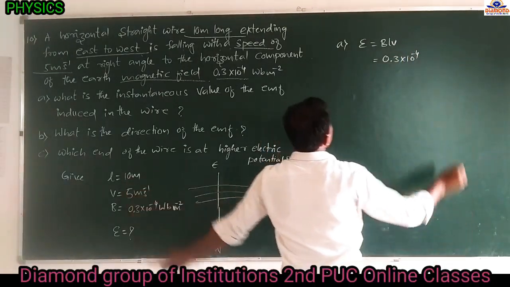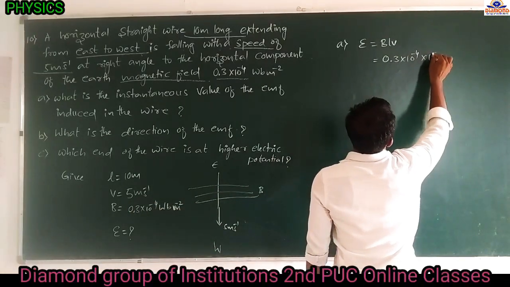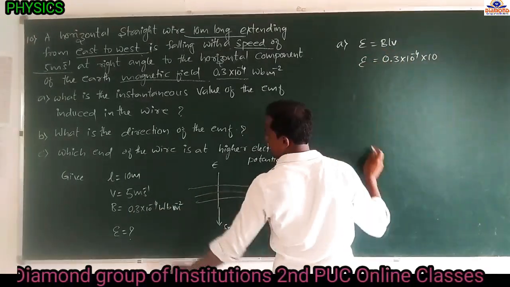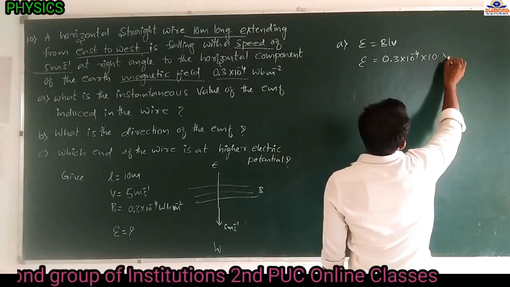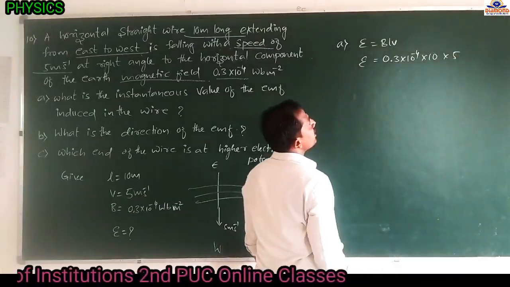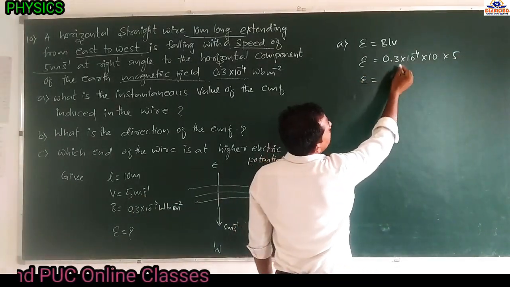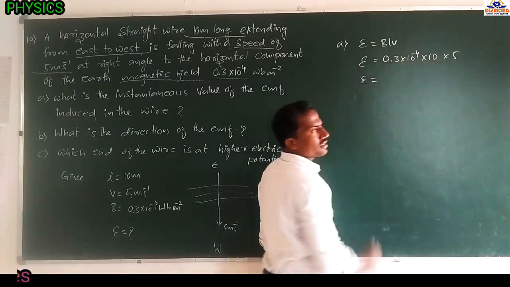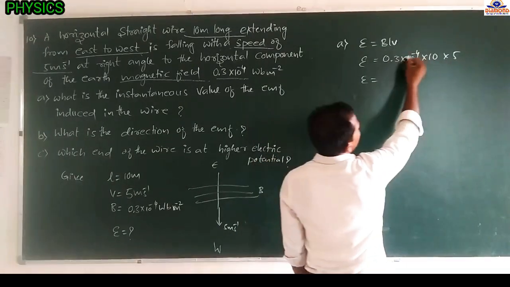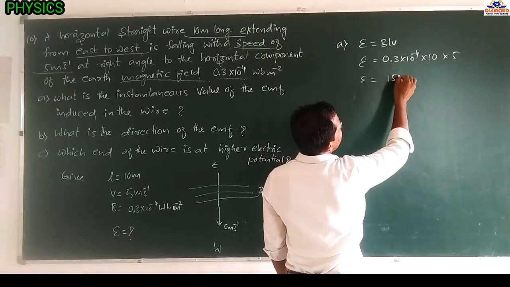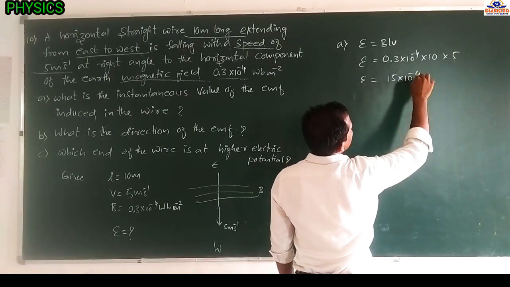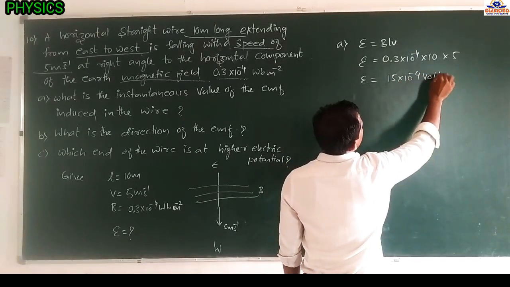L is the length, given as 10. V is the speed, given as 5. Then E equals 0.3 into 10 means 3, 3 into 5 means 15, so 15 into 10 to the power of minus 4. EMF is measured in volt.